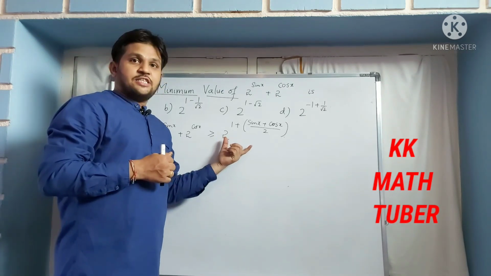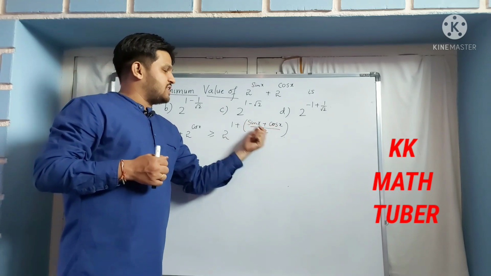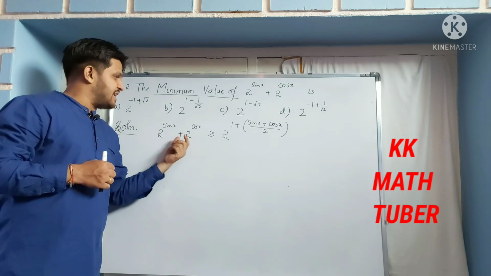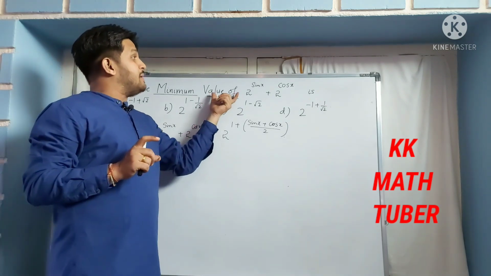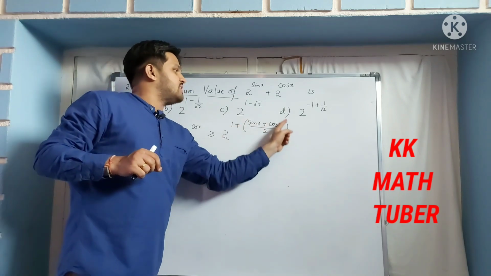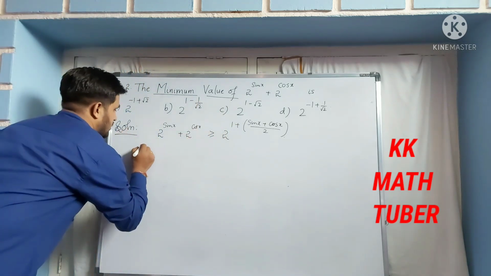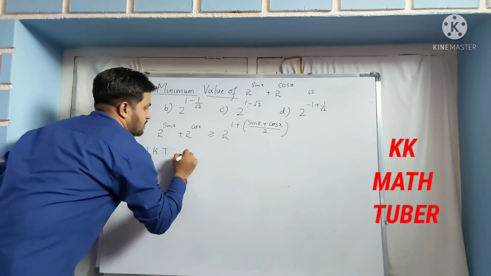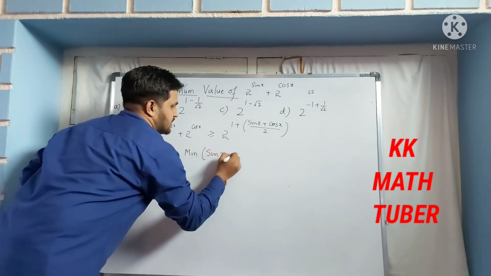Now look at this expression, 2 power (1 plus sin x plus cos x) divided by 2, and on the left hand side 2 power sin x plus 2 power cos x is greater than or equal to it. In order to find the minimum value of this, I need to find the minimum value of this expression, which is important. So we know the minimum value of sin x plus cos x.